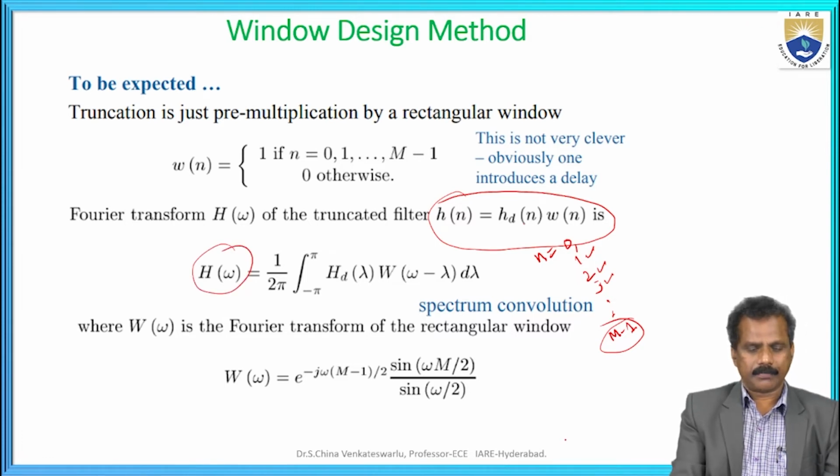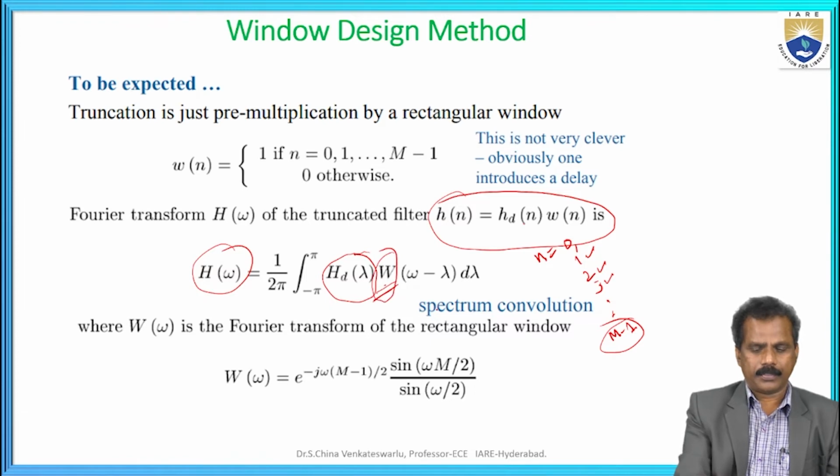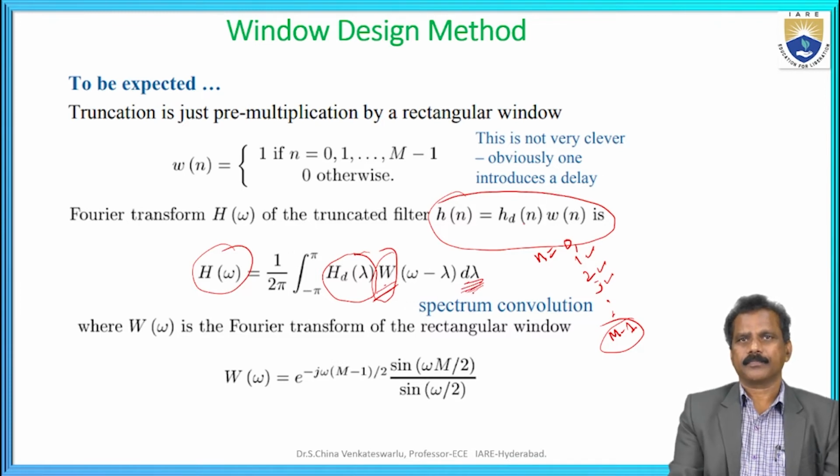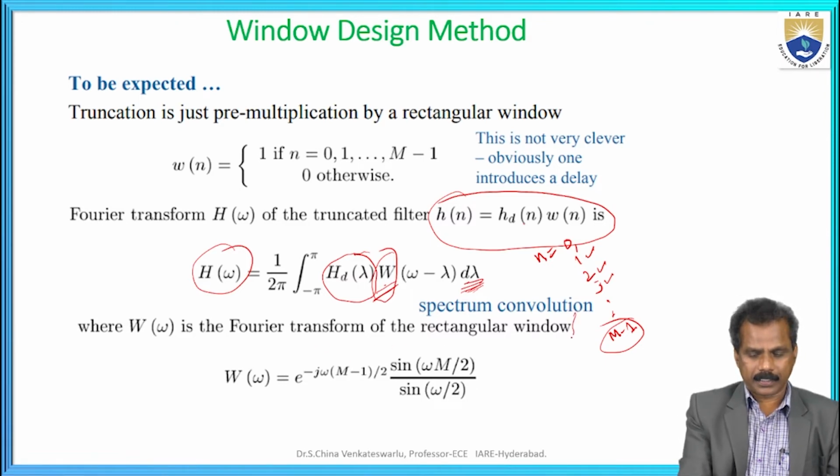H of omega is 1 by 2 pi, integral from minus pi to plus pi of s_d of lambda times the window w of omega minus lambda, d lambda, after applying the Fourier transform. Here W of omega is the Fourier transform of the rectangular window.